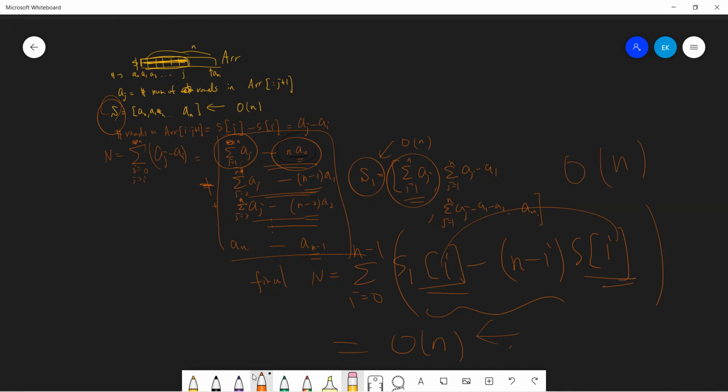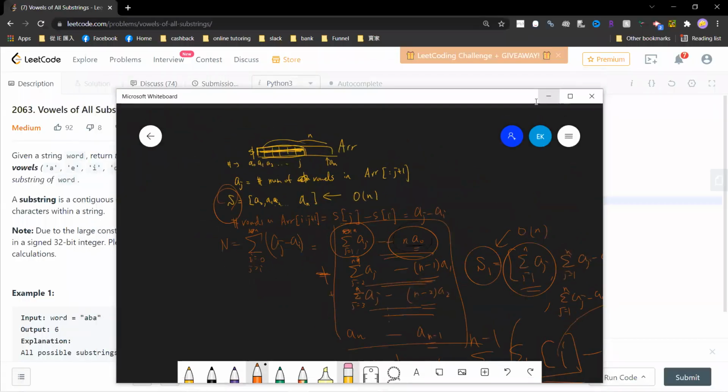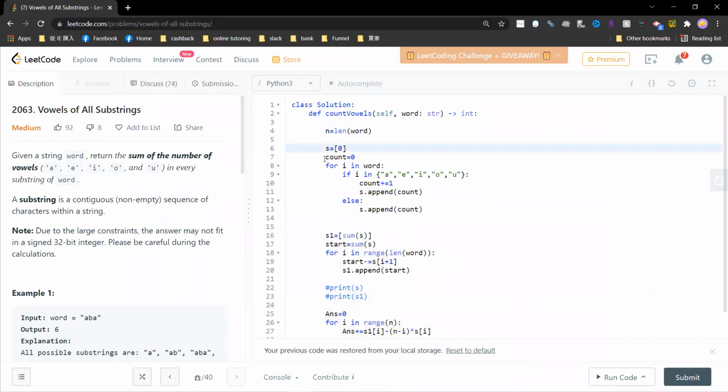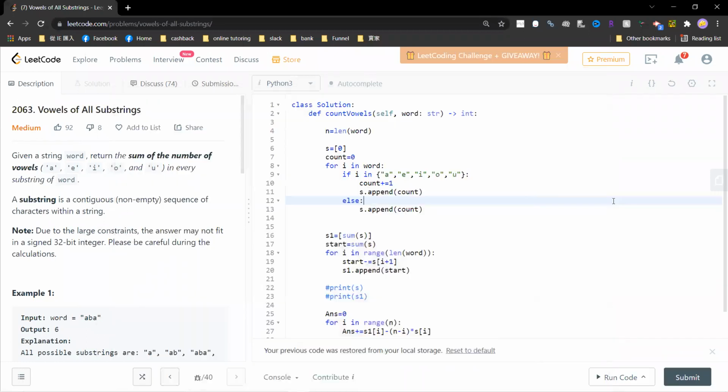Once we know this, we can see the code. For S, I start with 0 and count. If the character is a vowel, I add 1 and append; otherwise I just append.